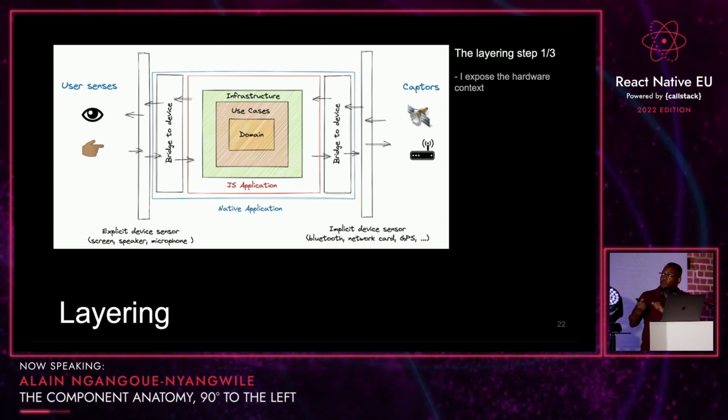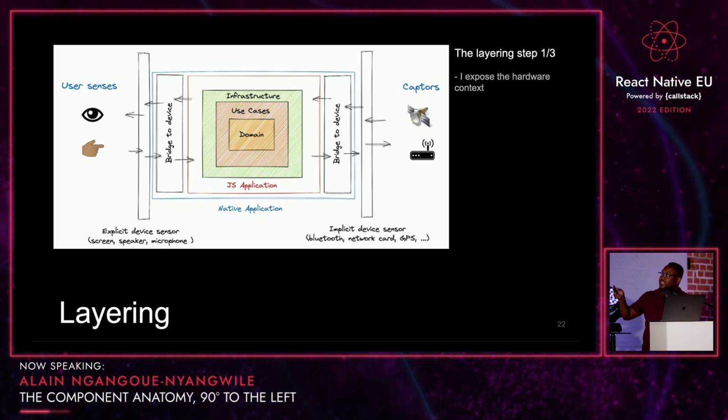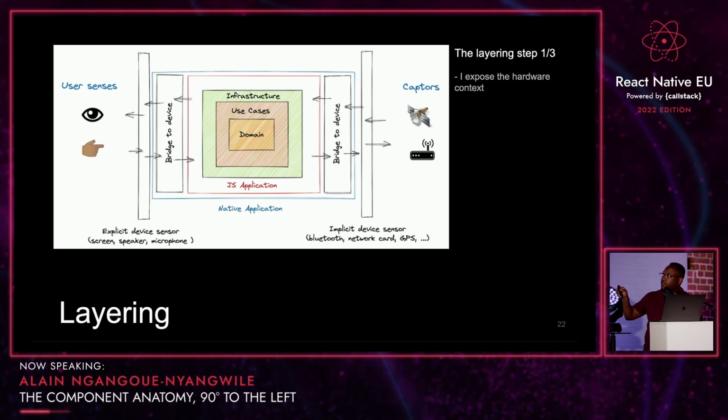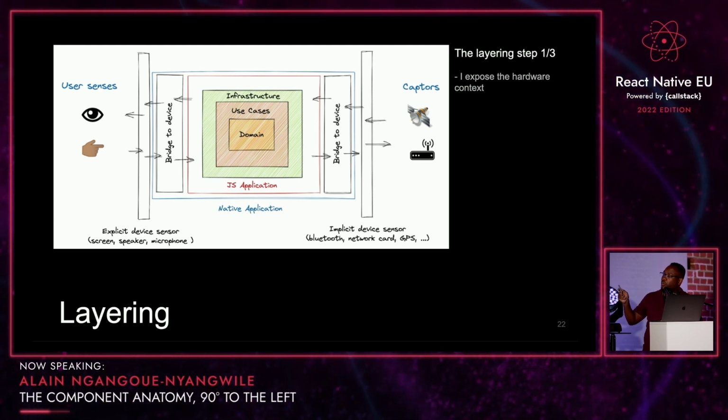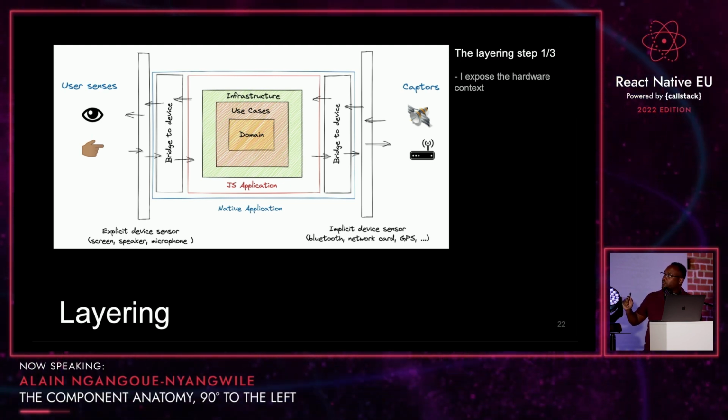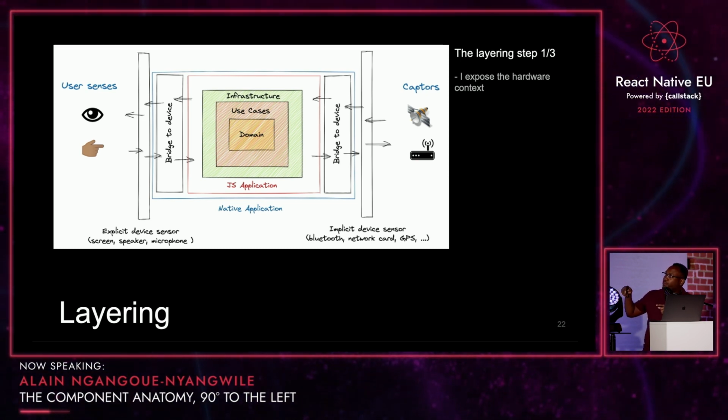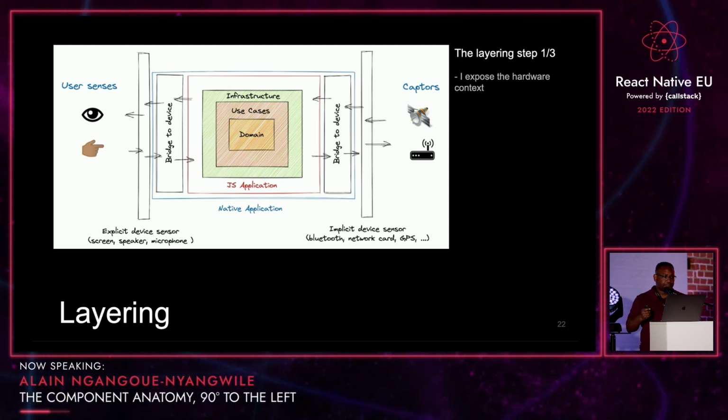Actually, if you rotate your mobile device about 90 degrees, you will notice that your JavaScript application interacts with human sensors on one hand and captors on the other hand through what we call the bridge in React Native.